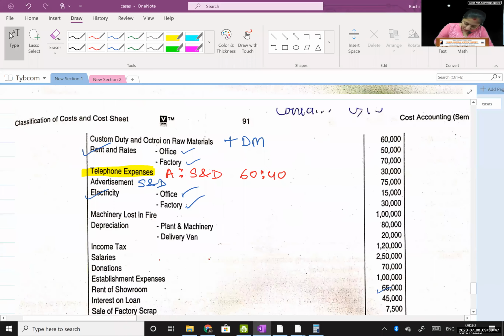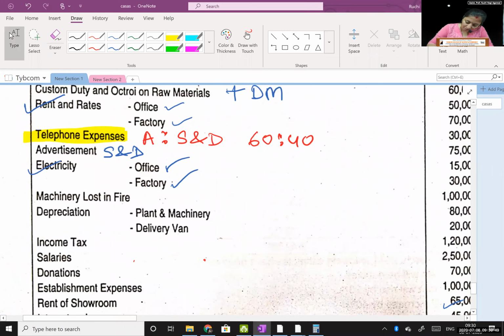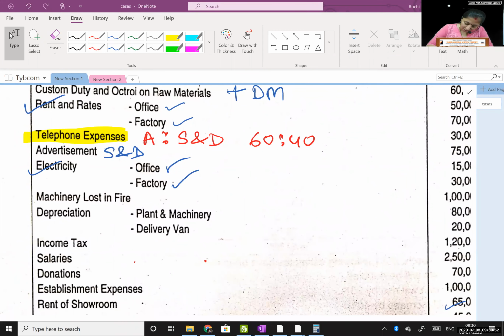Machinery lost in fire. Where will this go? Shreyas is saying machinery lost by fire will go to factory overheads. Any other answer?